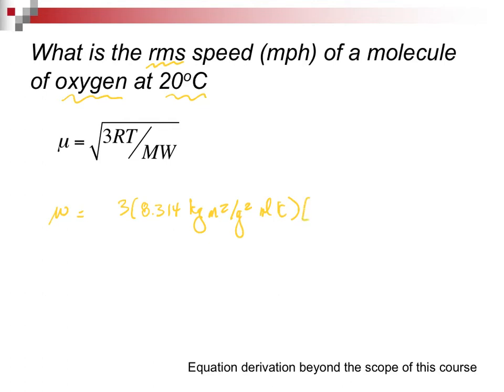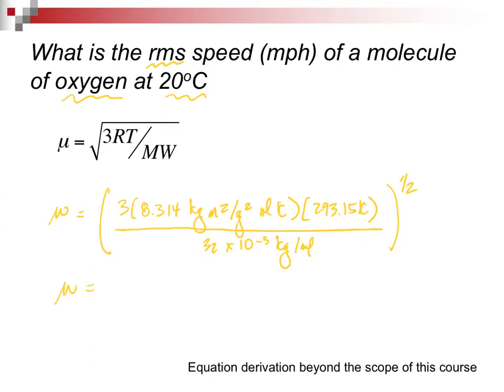And we're going to multiply by temperature, 293.15 Kelvin. We're going to divide that by 32 times 10 to the minus 3 kilogram per mole. Then we're going to take all of this and we're going to take the square root.